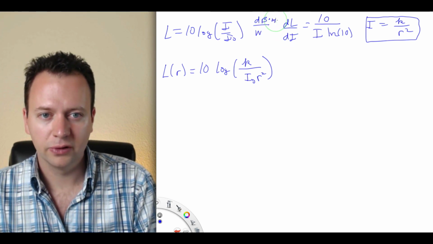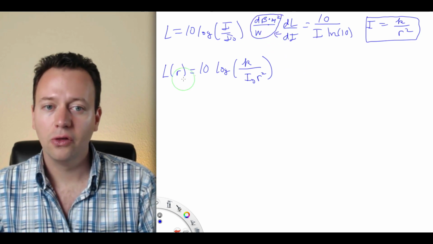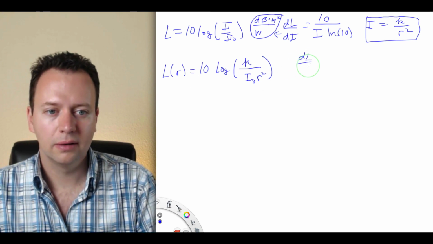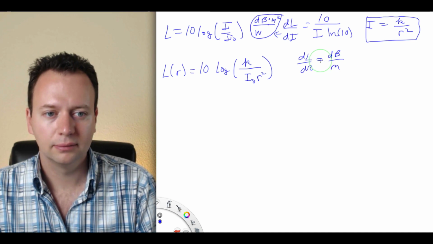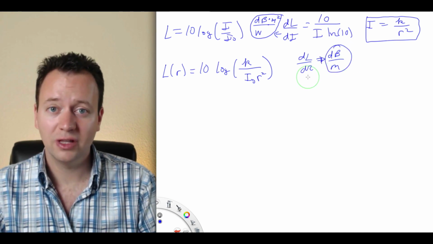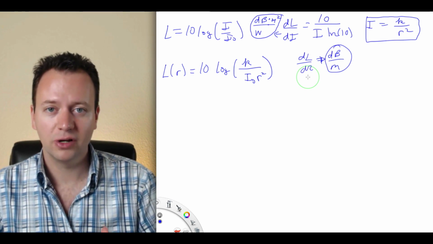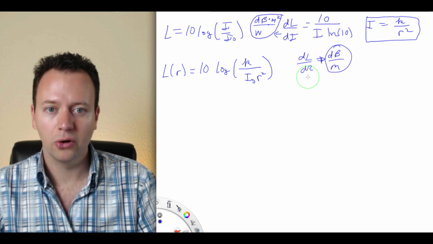So it's decibels meters squared per watt. So those are the units of dL/dI. The units of dL/dR are going to be decibels per meter, right, because it's a change in the sound level measured in decibels per unit space, so per meter.